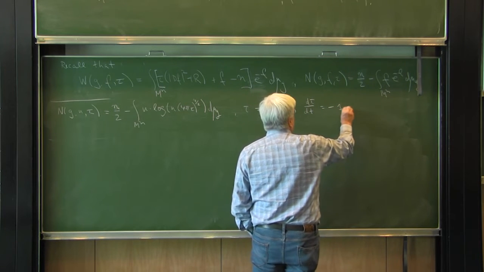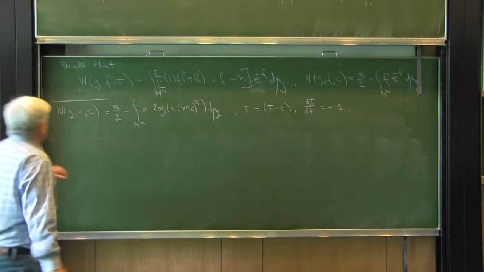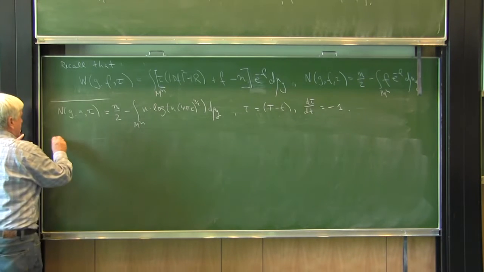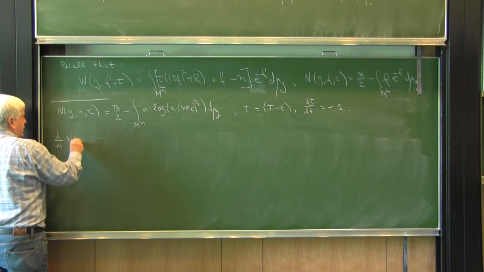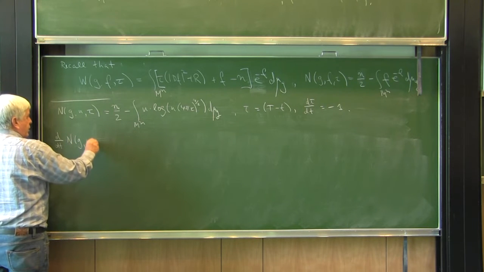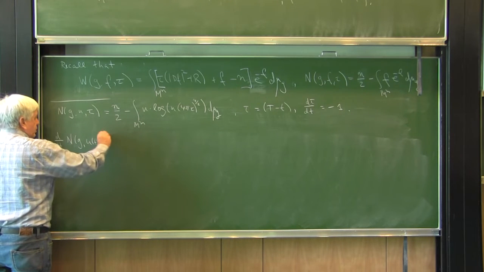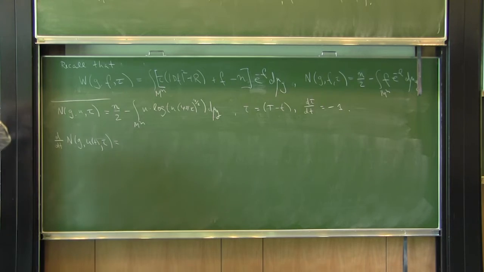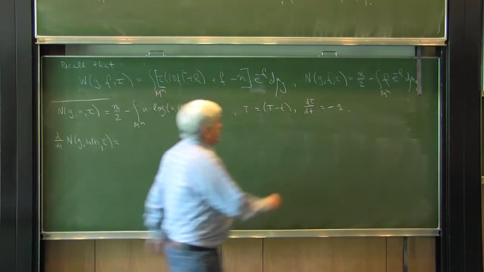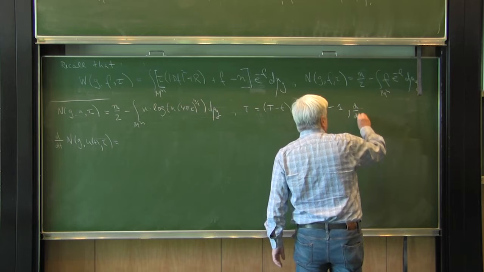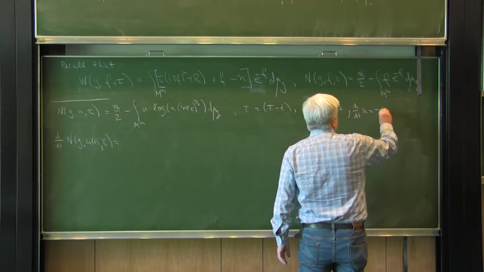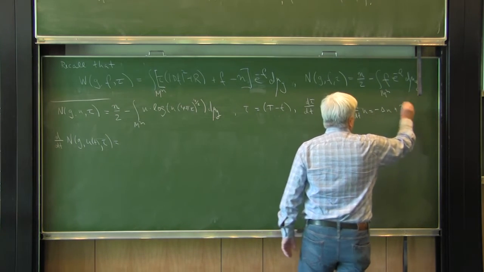so that d tau dt is equal to minus 1. And then computing this with respect to t, dt of n of g u of t tau is equal to, and here we use, of course, again ddt u equals minus Laplace u plus ru.